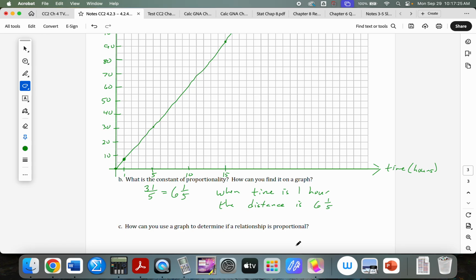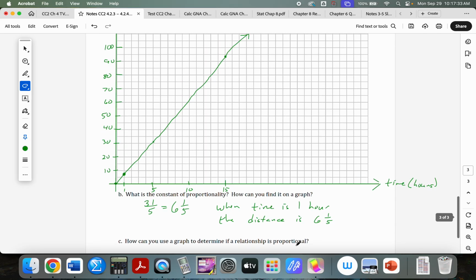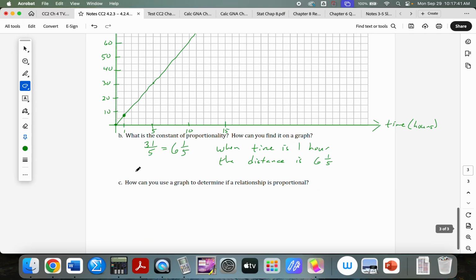So 6 1/5 or 6.2 if you prefer the decimal, either one of them is fine. Is that very easy to see exactly with the graph? No, with the graph, it's especially difficult. I would have thought it was probably more than that.